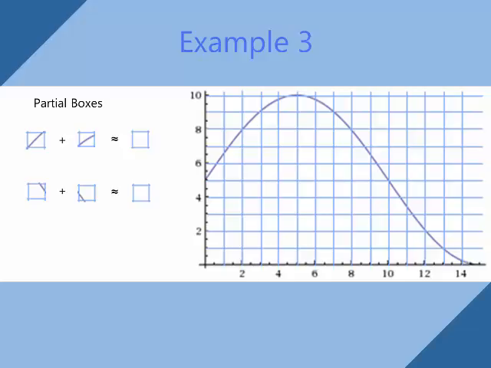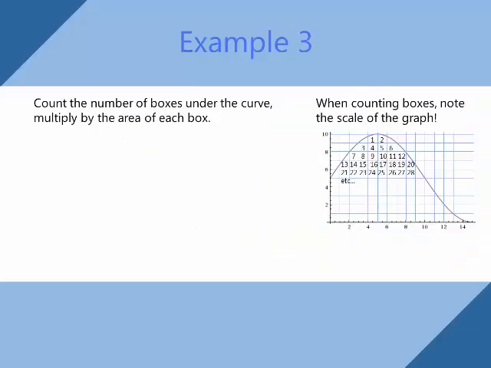In the first example, each of the 2 partial boxes shown is about 1/2 of a box, so we can add them to get 1 full box. In the second example, each of the boxes is partial as well, and we can add them to approximate 1 entire box. Counting the boxes requires you to take note of the scale on the axes of the graph.